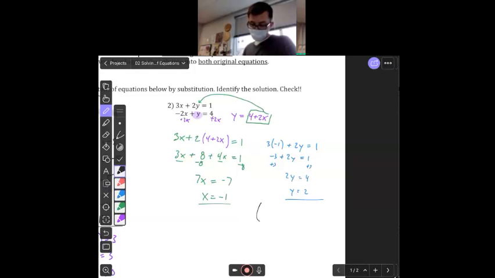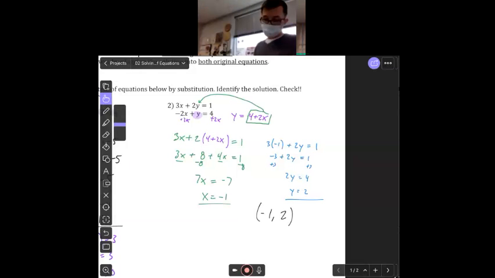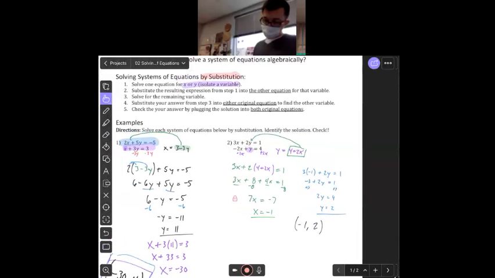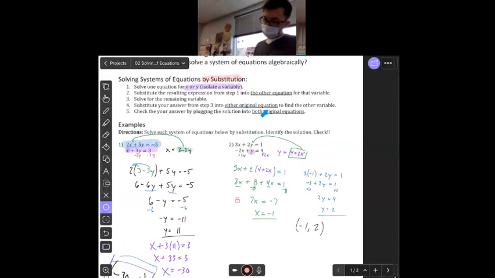I think -1, 2 is the answer. Yeah, so when you're solving, you just need to do one, right? So it's just that into either equation. Right? Then we go to check, and you do both.